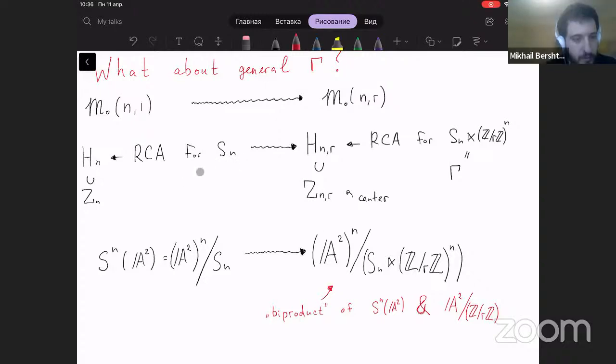And now for general R, you want to invent something similar. So you want to replace the rational Cherednik algebra for Sn by the rational Cherednik algebra for some different group, which will depend on R. And the natural candidate is the following group. I mean, it is arguable that you should consider this group exactly.